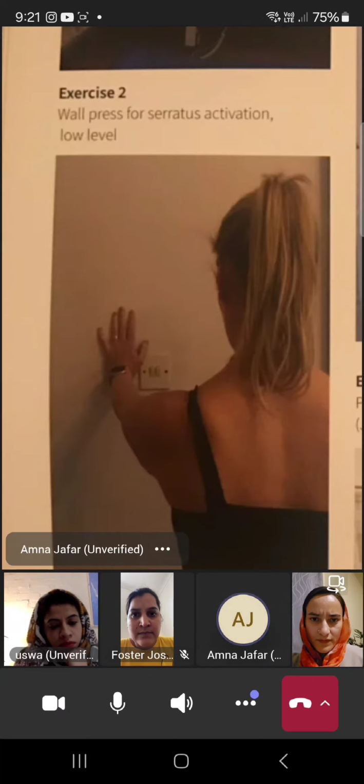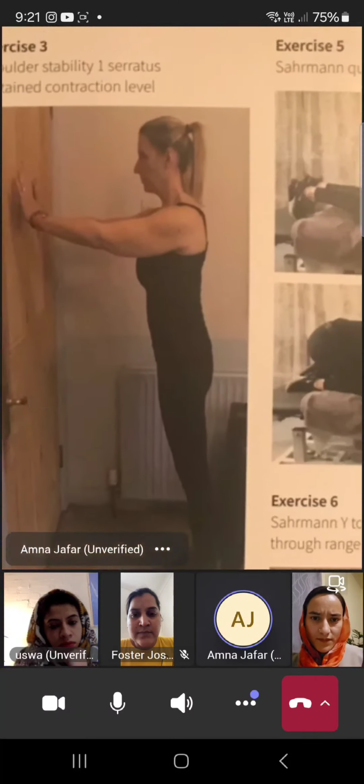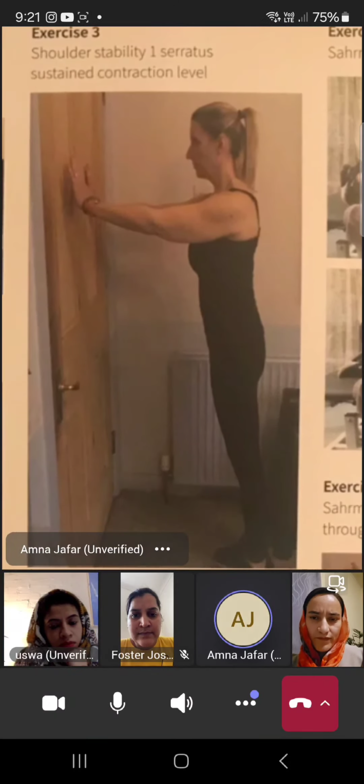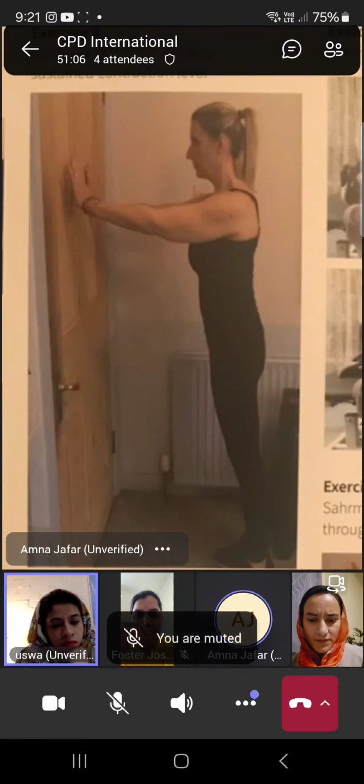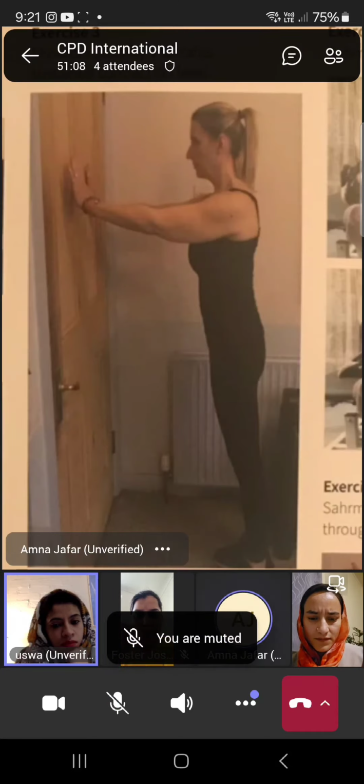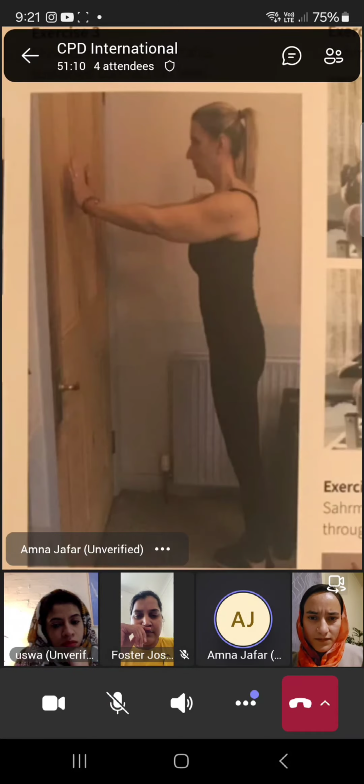Exercise 3 shows shoulder stability 1, serratus sustained contraction level. So basically, exercises 1, 2, 3 and going forwards are low level exercises, and then after 10, 11, 12, they show you high level intensity exercises.